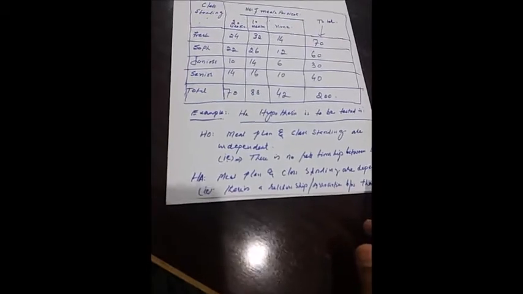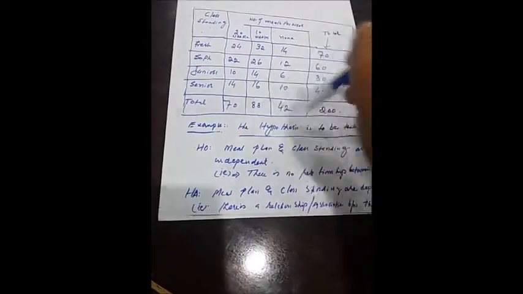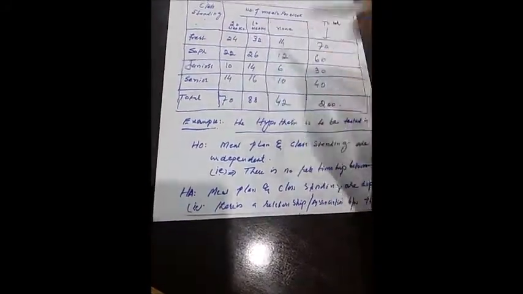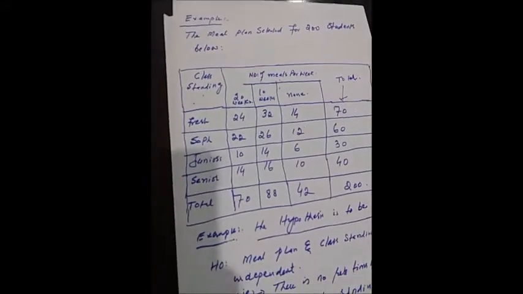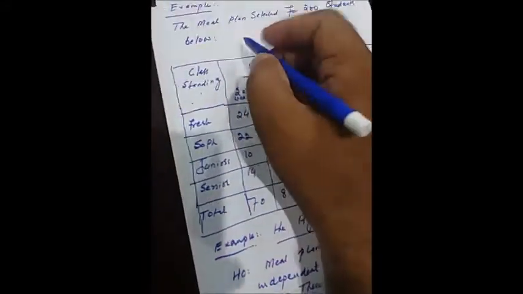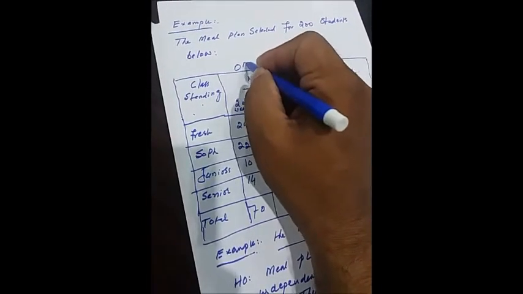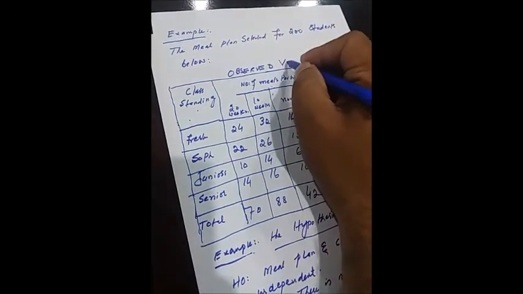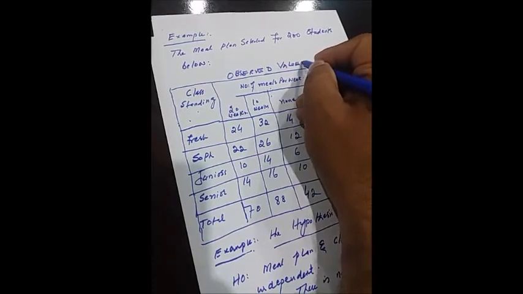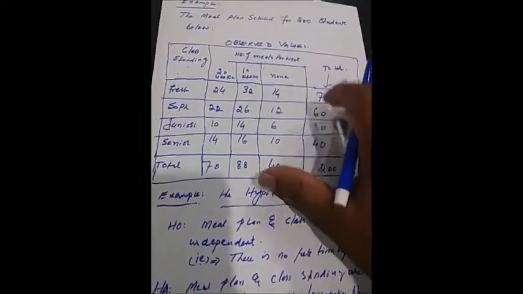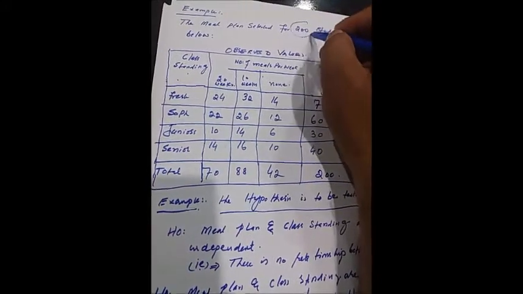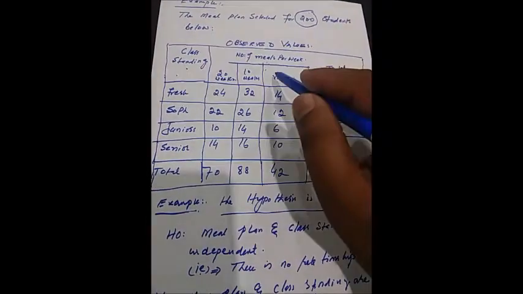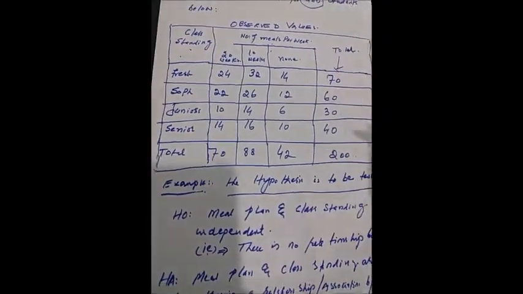To resolve this issue, we have the data of 200 students regarding the meal plans. These are the observed values, observed from these 200 students regarding class standing and number of meal plans.